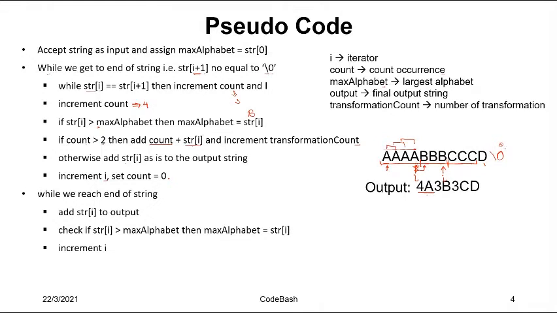To tackle that, we said that we want str of I plus 1 to be equal to 0. So whenever our I reaches over here, we do not check anything and we jump out of the while loop. So to cover all the remaining cases, we have another while loop which goes from our current I.